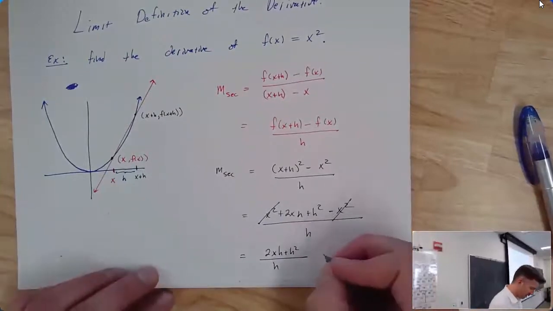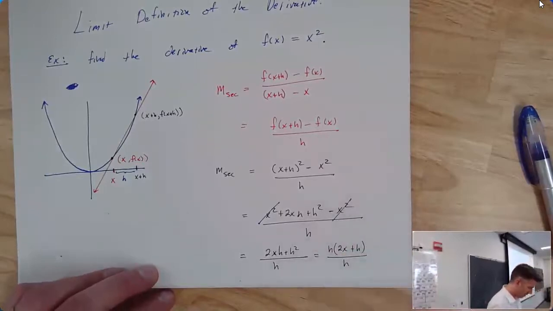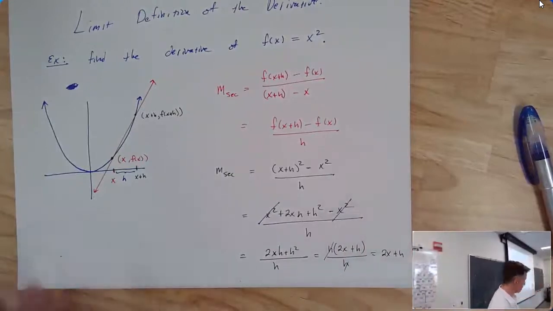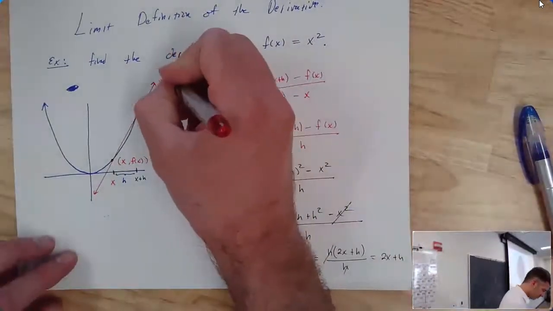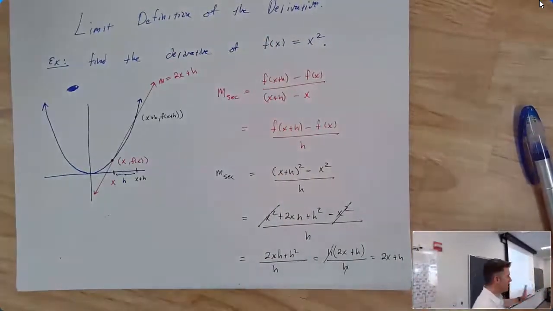We can factor out an h from the top. We're left with h times 2x plus h, over h. H divided by h is 1. So we're left with just 2x plus h. So the slope of this secant line is 2x plus h.